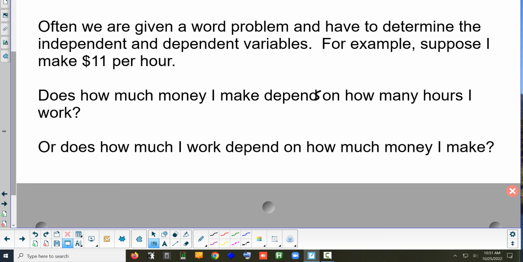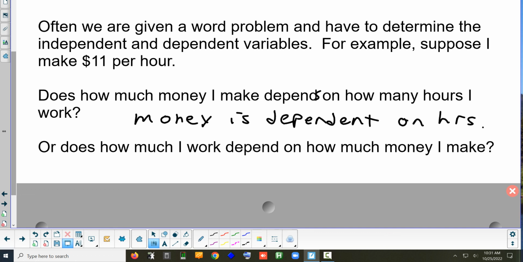The second one doesn't make sense. How much I work depends on how much I make? No. It's the other way around. How much money you make at a job, if you're paid by the hour, well, it depends on how many hours you work. So what we would say here is money is dependent on hours.